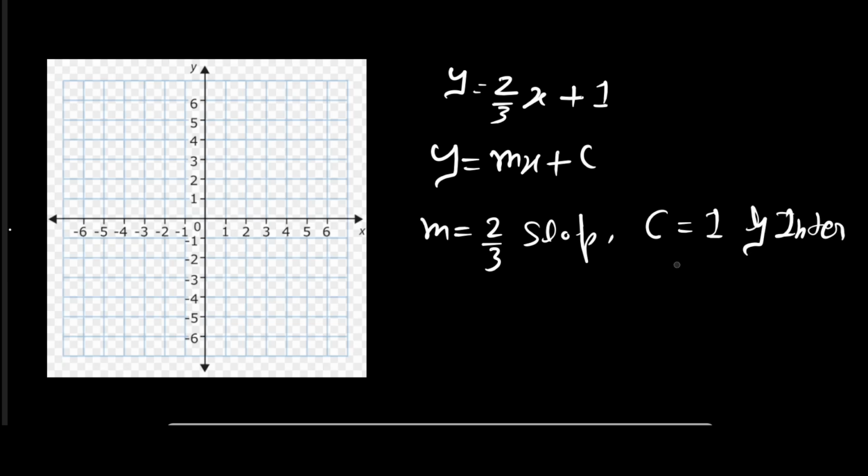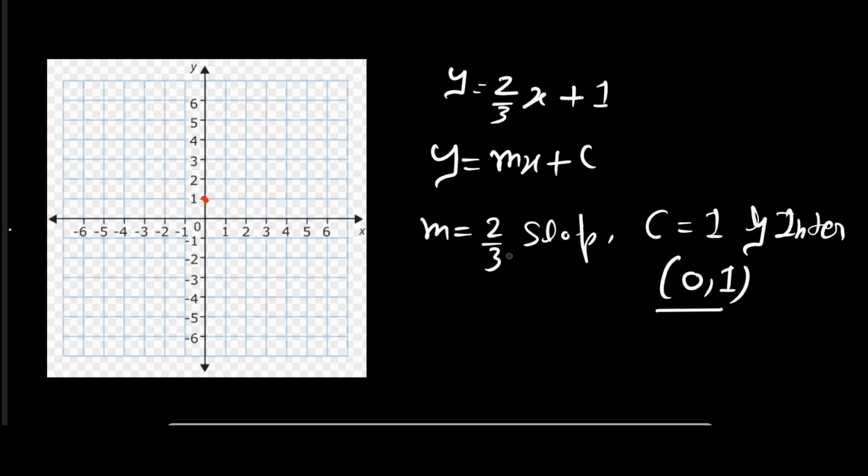So we have the y-intercept point, which is (0, 1), and the slope is 2/3. Now plot this y-intercept in the graph, and remember the slope is equal to rise over run. So here in 2/3, 2 is our rise and 3 is our run.